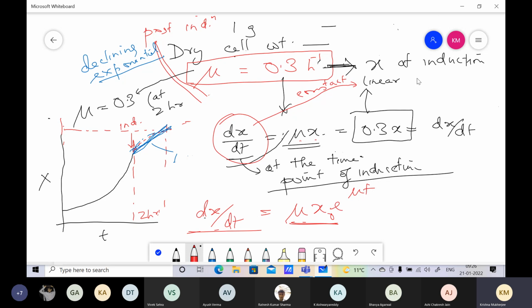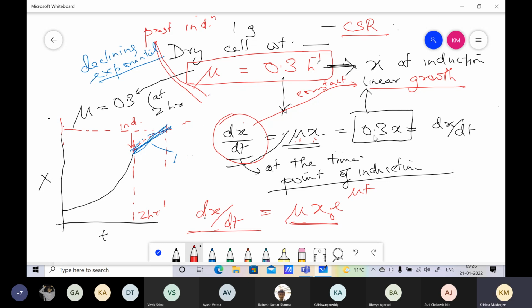But for linear growth, dx by dt is a constant, and therefore mu into x is a constant. Therefore, by definition, mu declines as x increases. That is the basic assumption we have made for our CSR. It's a crude assumption, but nonetheless reasonably valid. And so, at the point of induction, my growth will become linear.